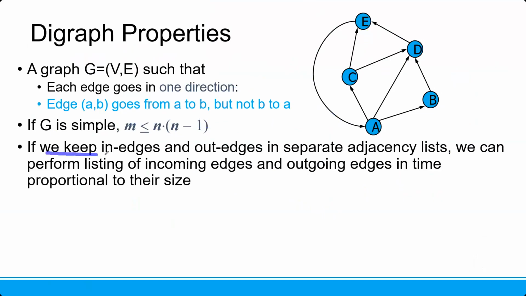If we look at in edges, in D we have 1, 2, 3, so there are 3 in edges. In A, we have 1, 2, 3 out edges.